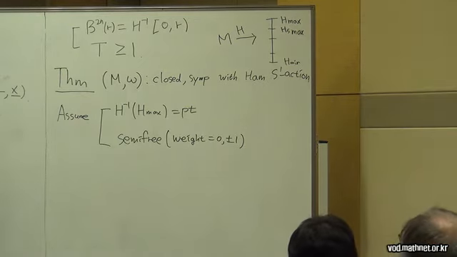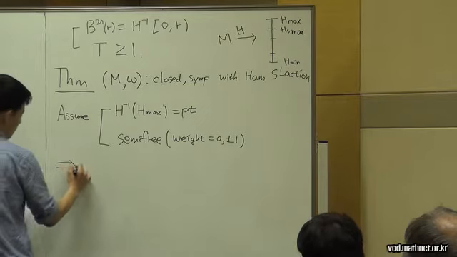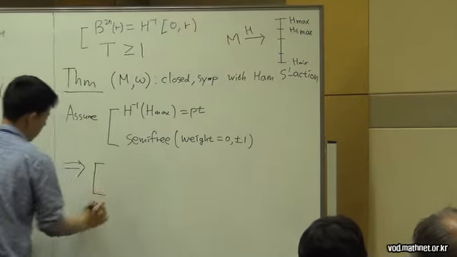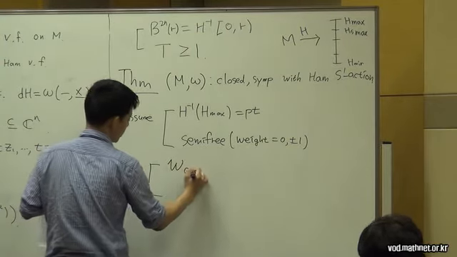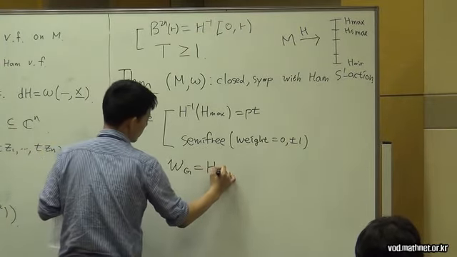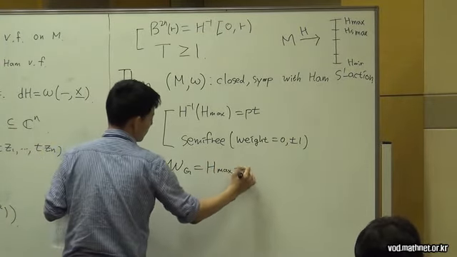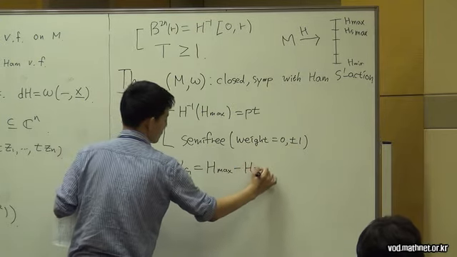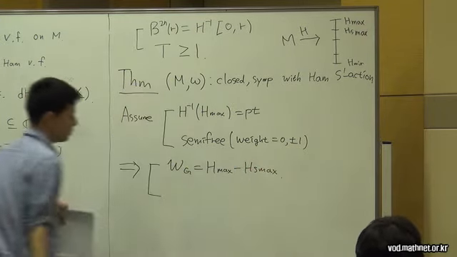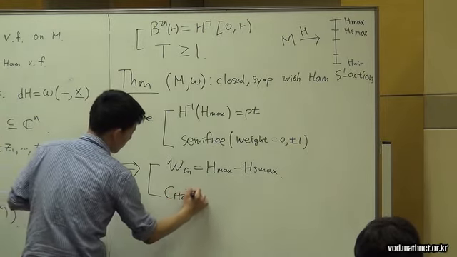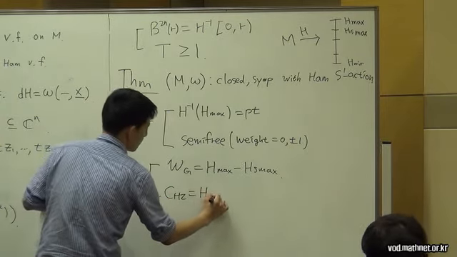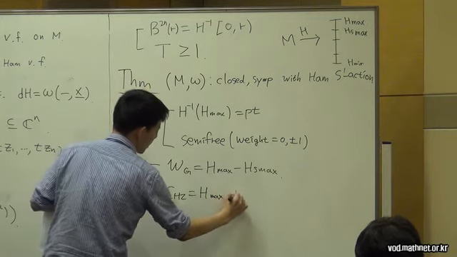They're the same condition, and then our result is that the Gromov width is given by the difference between the maximum and the second maximum, and the Hofer-Zehnder capacity is given by the difference between the maximum and the minimum.